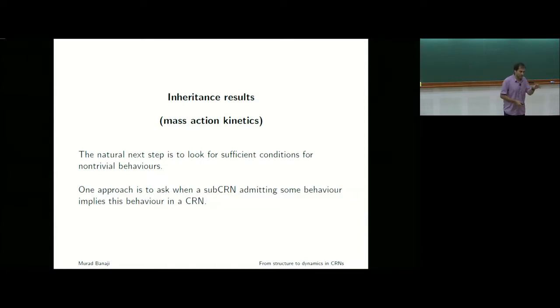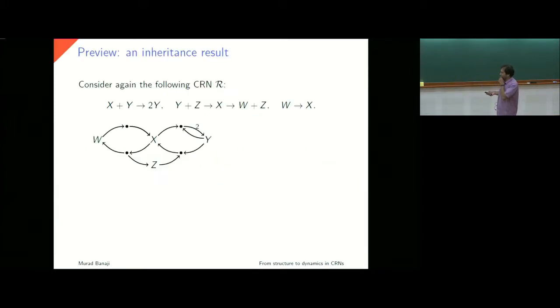So supposing I know that the subnetwork allows oscillation, I would then like to be able to claim that the whole network consequently allows oscillation. Those results I call inheritance results, because the whole network is inheriting some behavior from the subnetwork. Okay, so I'm interested in particular in inheritance results.